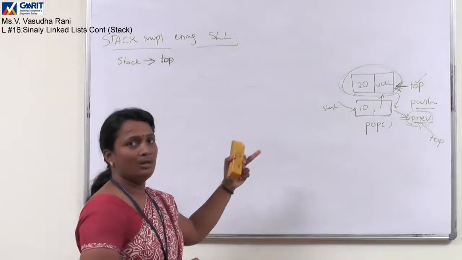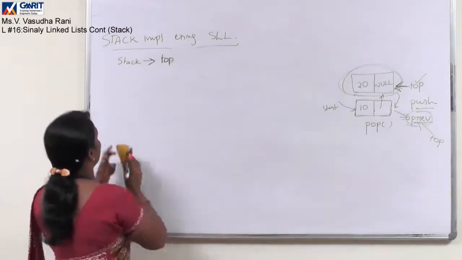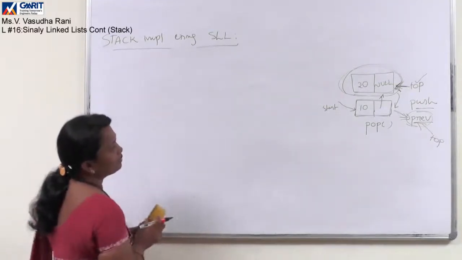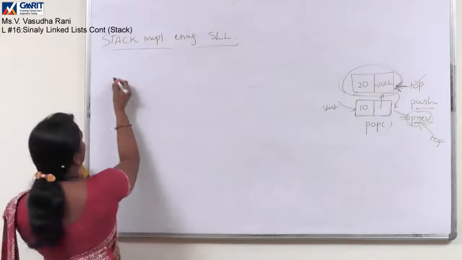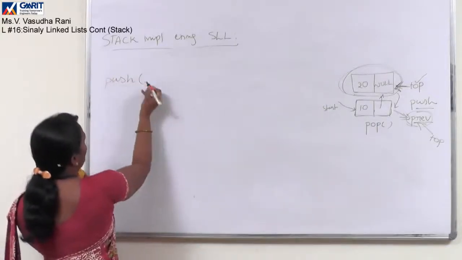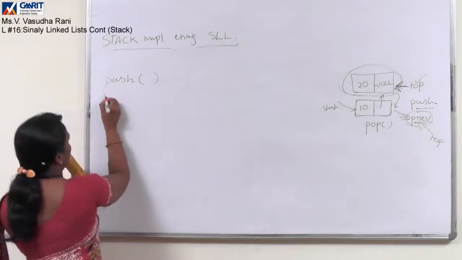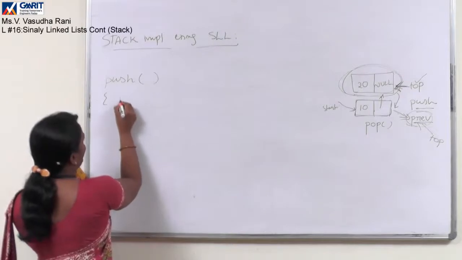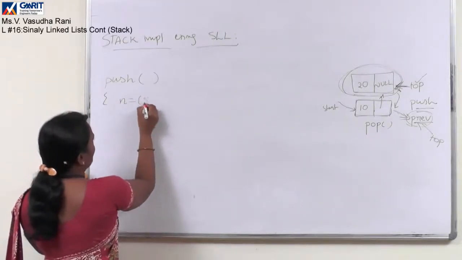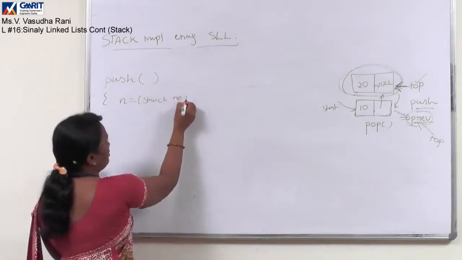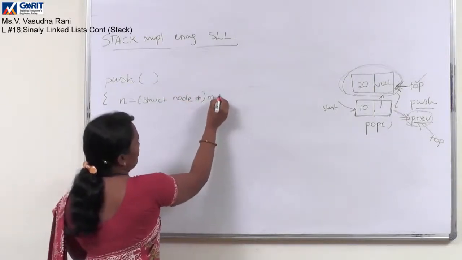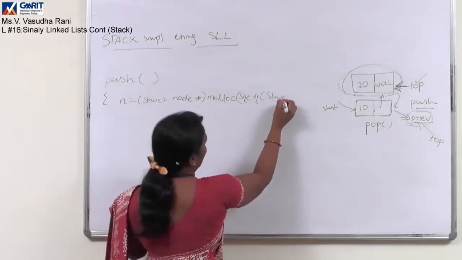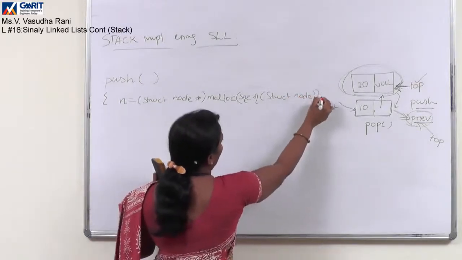Now we will write the code for push and pop operations by maintaining the top pointer. So let us see, for defining this push, we have to define our new node: struct node star, malloc size of struct node.